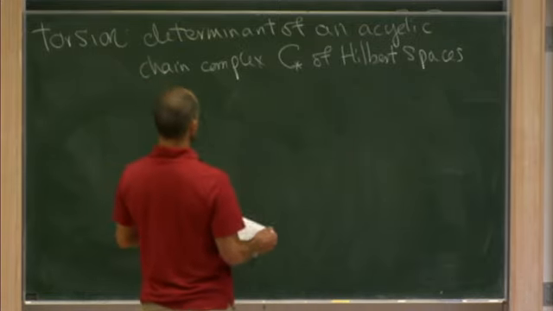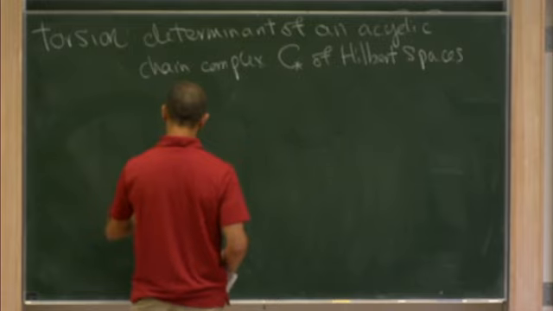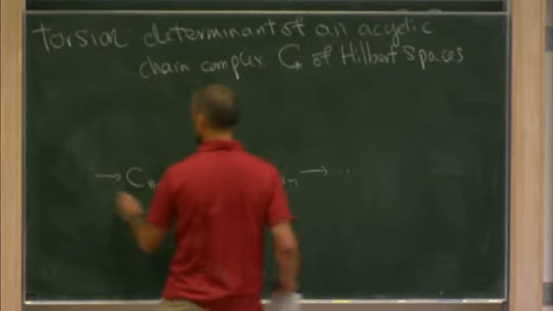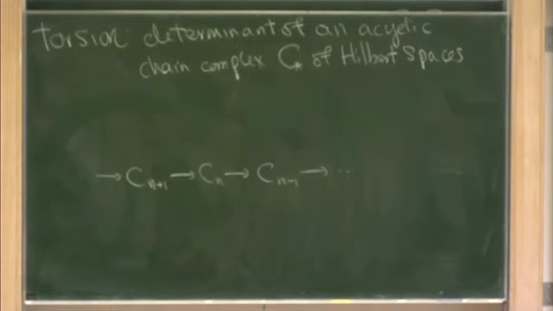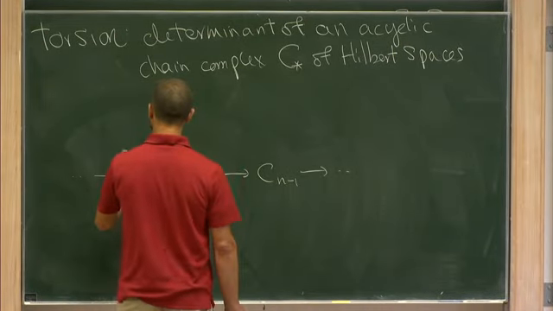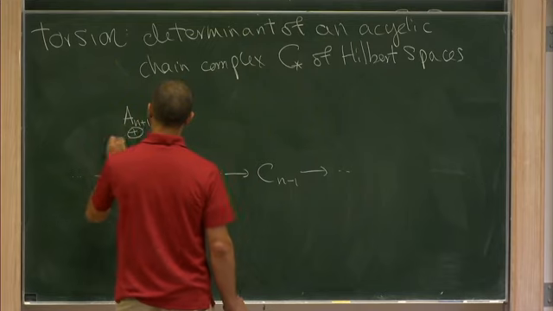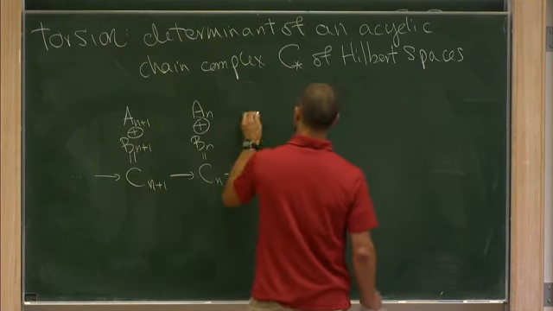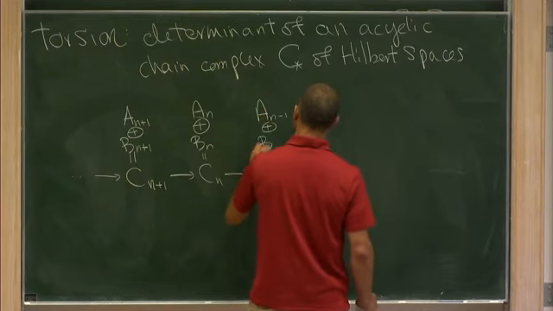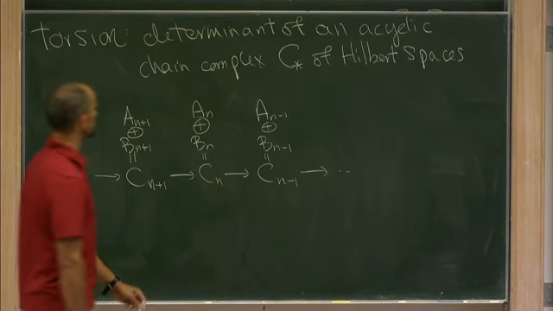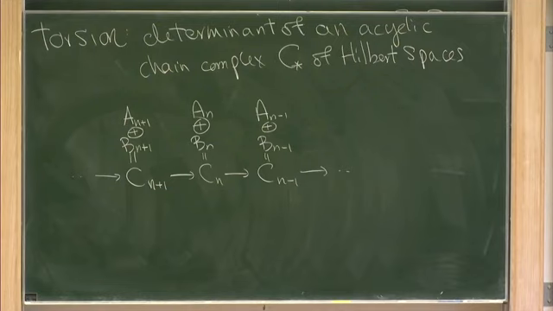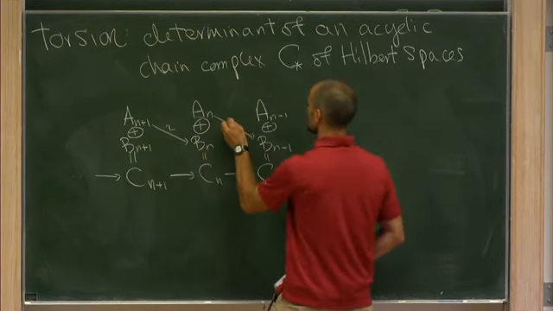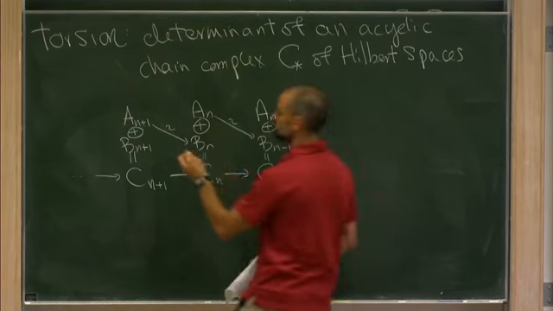So what does it mean to say you have an acyclic chain complex? It really means that I can split these chain groups up, and the chain map maps the A's onto the B's in dimension 1 lower isomorphically, and the B's go to 0.